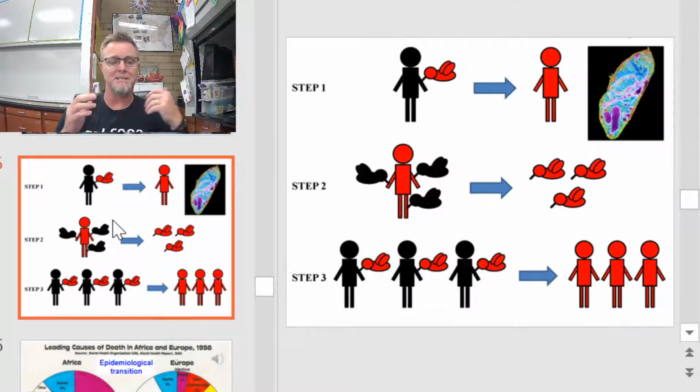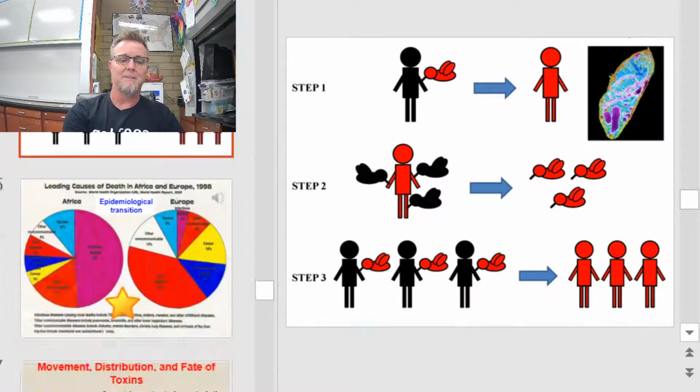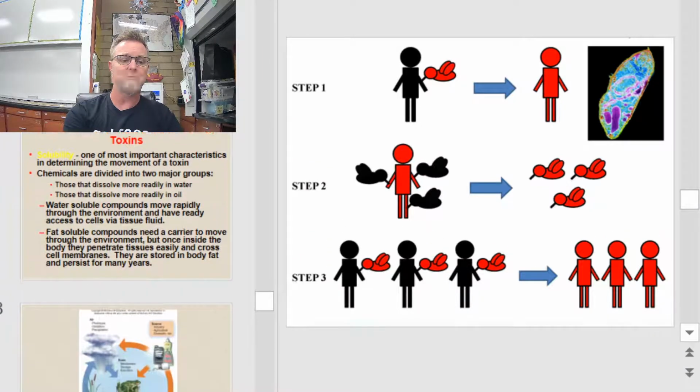But we don't necessarily need a mosquito all the time to transmit the diseases for us. Sometimes all we have to do is be in close proximity with one another and literally breathe, cough, sneeze, all that. And those diseases can spread from person to person quite easily.